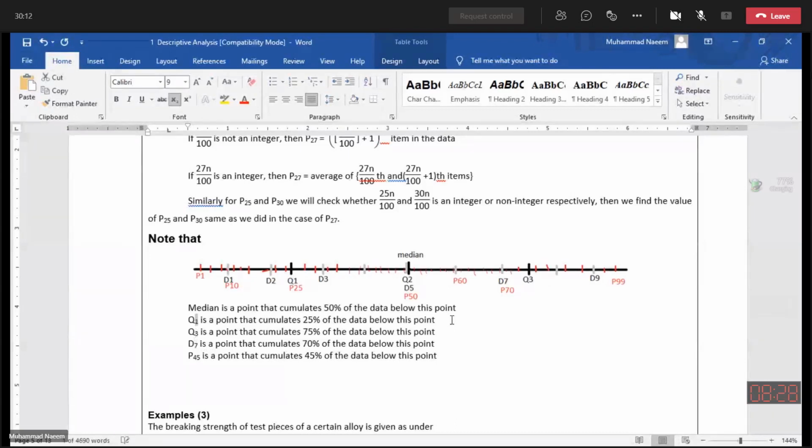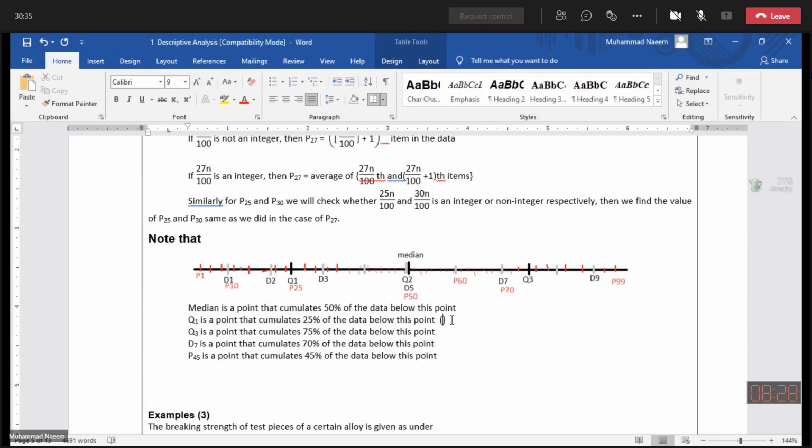So we must remember the amount of the data which is collected in this section.